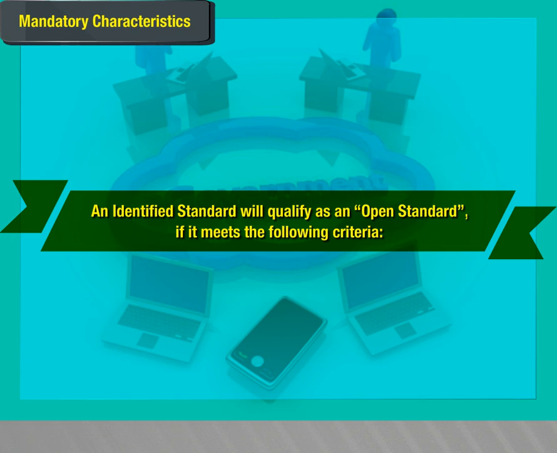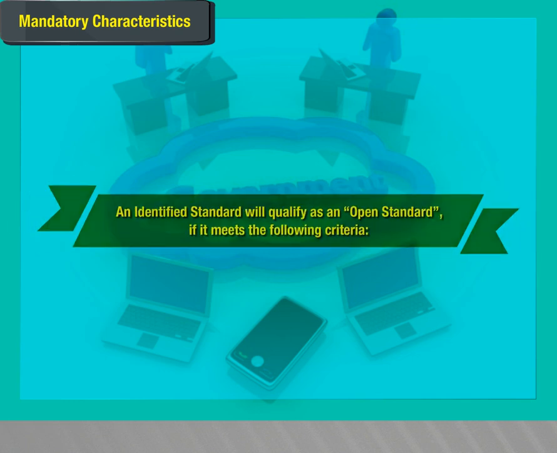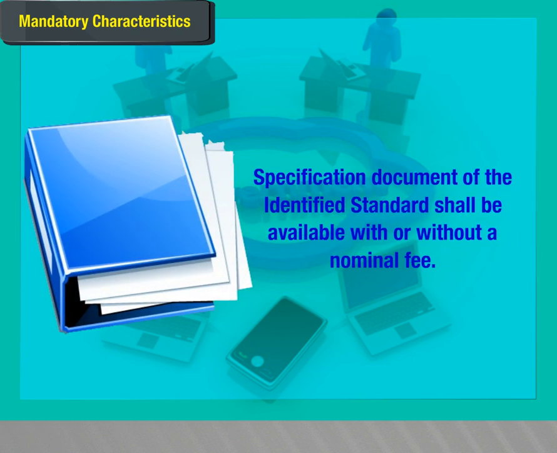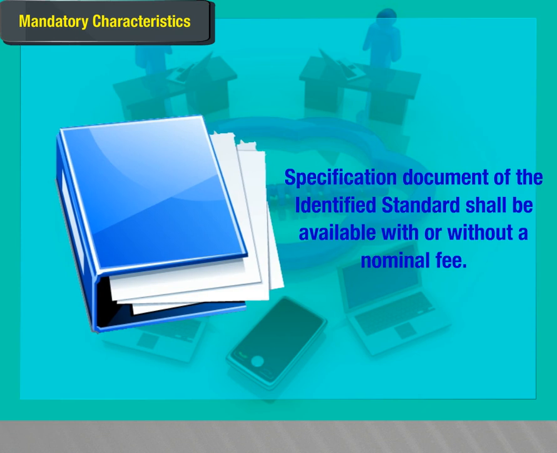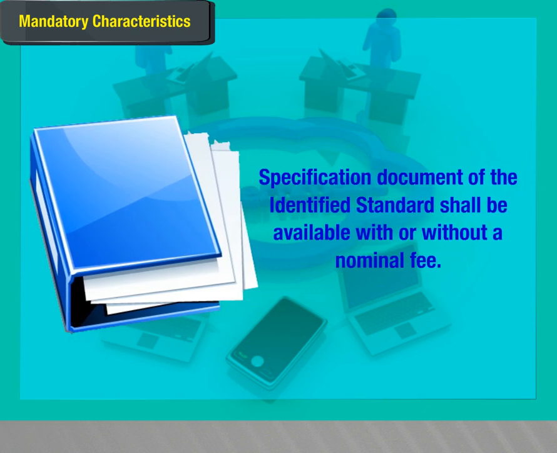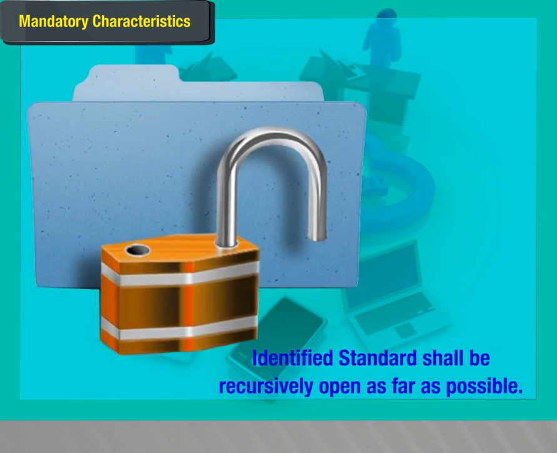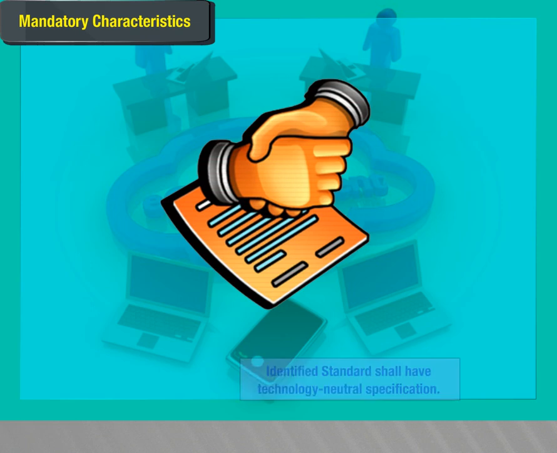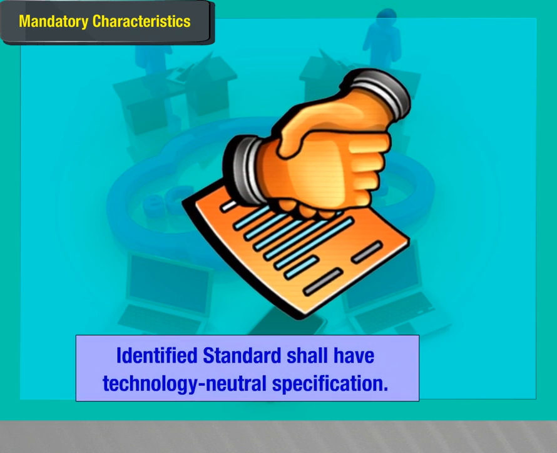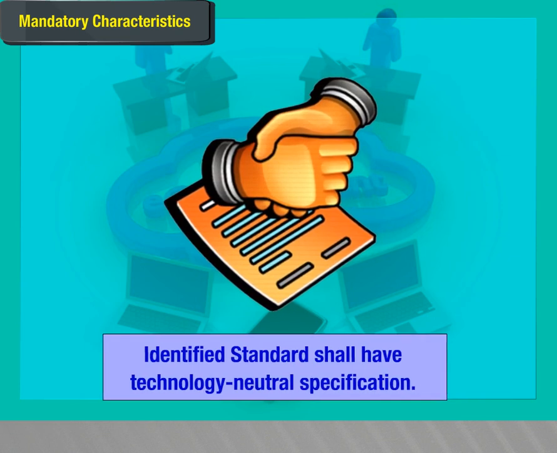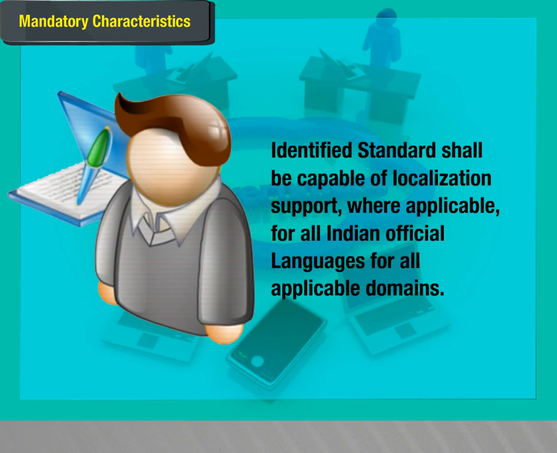An identified standard will be qualified as an open standard if it meets the following criteria. Specification document of the identified standard shall be available with or without a nominal fee. Identified standard shall be recursively open as far as possible. Identified standard shall have technology-neutral specification. Identified standard shall be capable of localization support where applicable for all Indian official languages for all applicable domains.